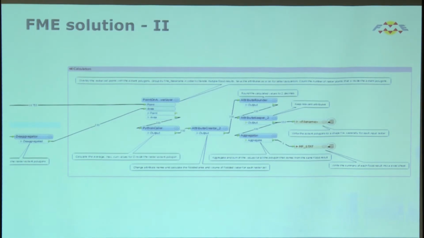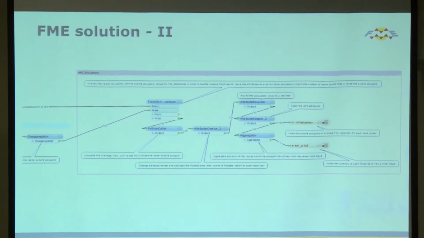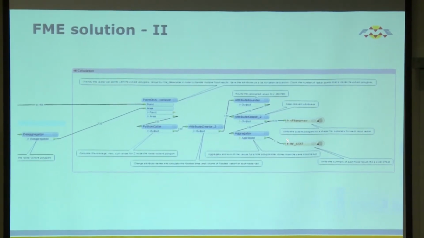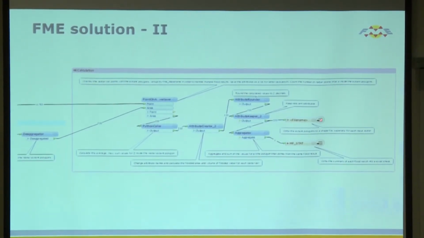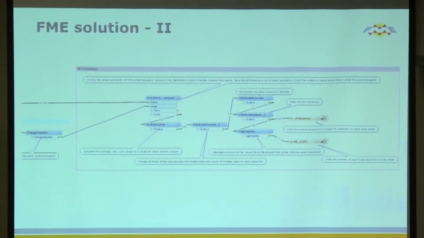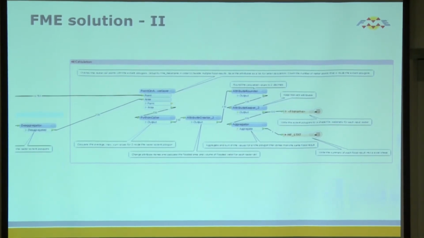And I get the list and the count out from that. And then in the Python caller and attribute creator, I just calculate the average and maximum flood depth, and also the flooded area and volume of the flooded water. And then first of all, I just output it as shapefiles, and then I aggregate it together to get the total amount of flooded area and volume of flooded water.